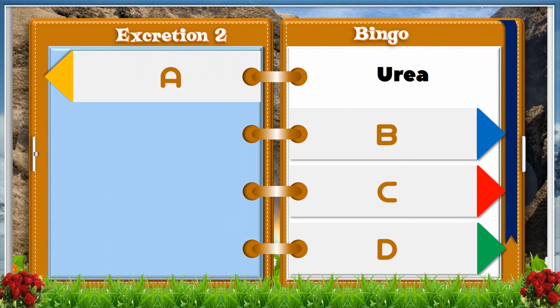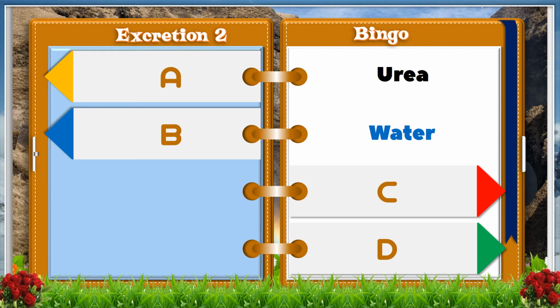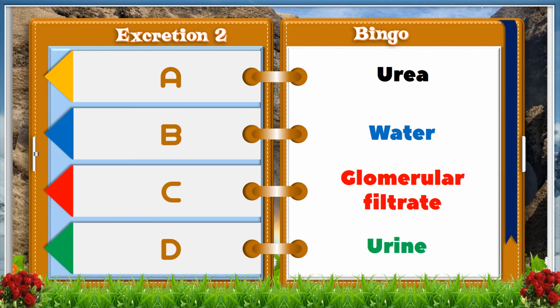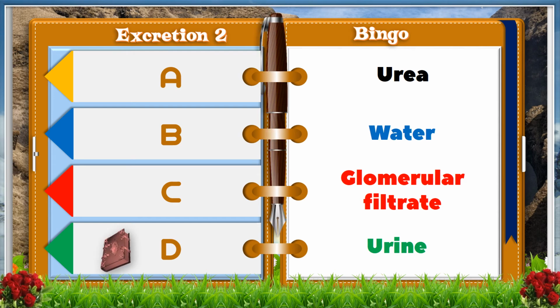B. Water. C. Glomerular filtrate. And D. Urine. And the answer is D. Urine.